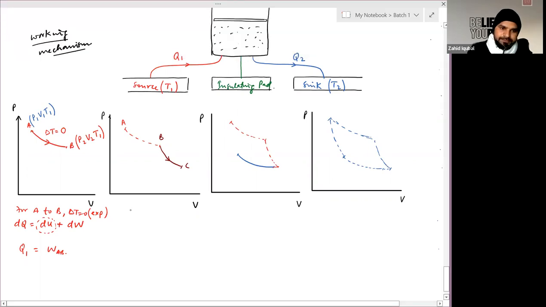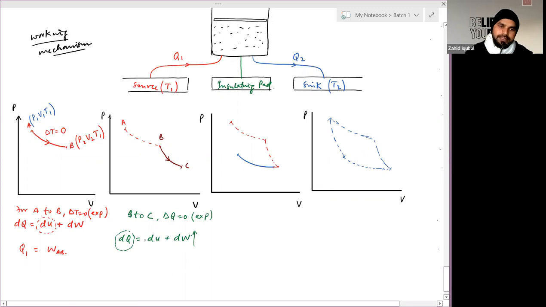So in this part, B to C, delta Q is 0. And since it has to expand further, according to the first law, dQ equals dU plus dW. This is 0 and work done has to increase.